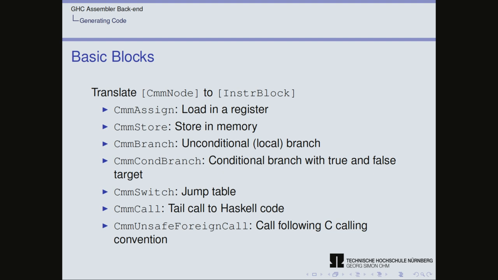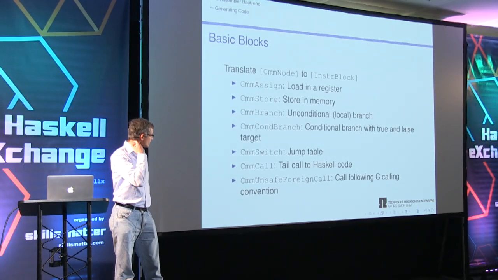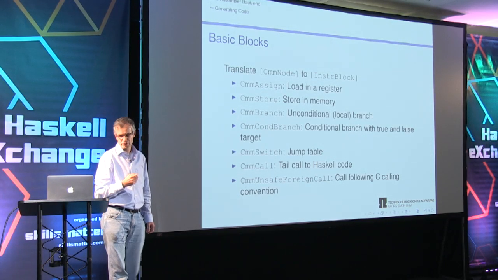And I have a jump table that is basically a table that goes from, I think, 0 to n. And sparse tables are somehow optimized at the CMM level already. Sometimes I was not so happy with the size of those jump tables, but I don't know, maybe you have to tweak something in CMM code generation.